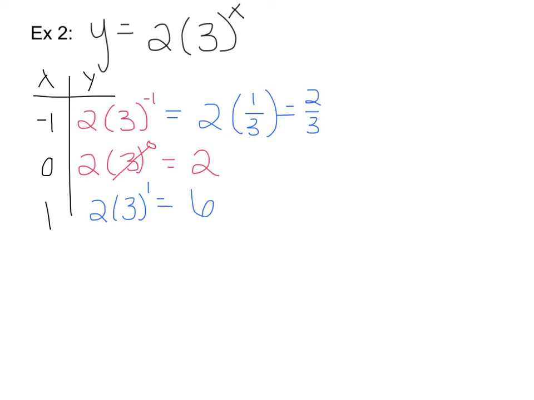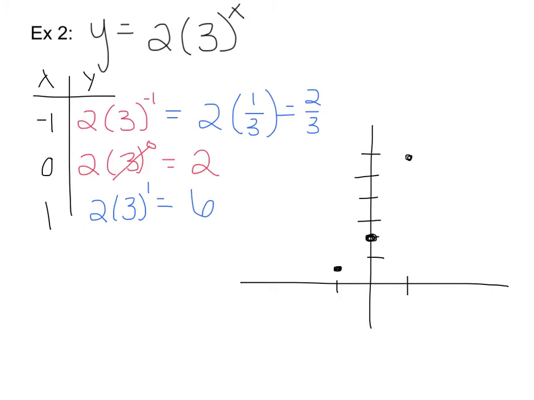So let's make a graph of this. Negative 1, 2/3; 0, 2; 1, 6. Okay, still exponential growth, which makes sense because my b was a 3.